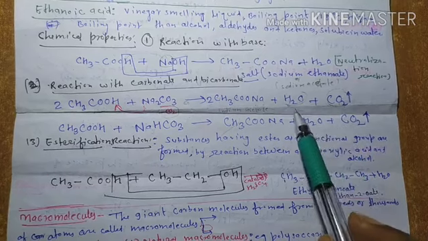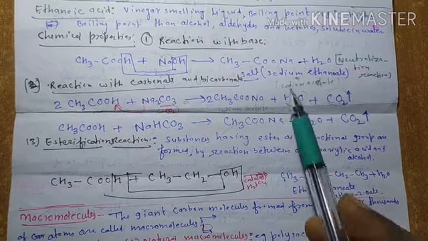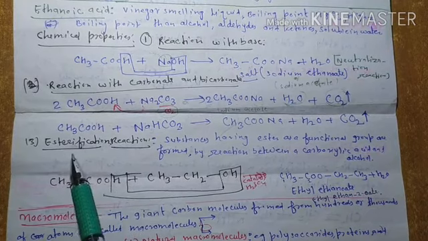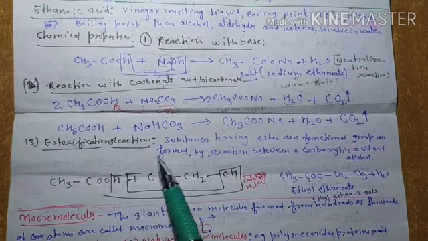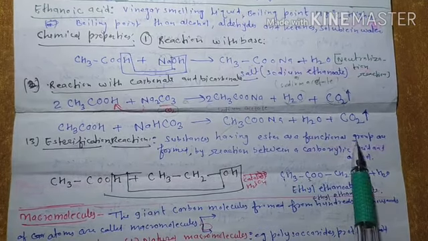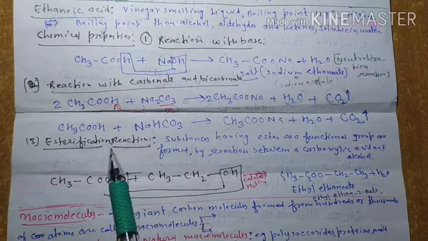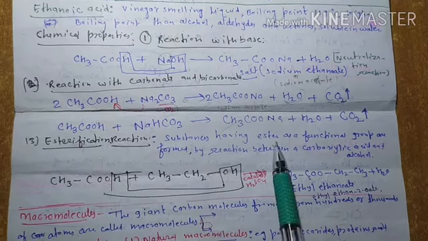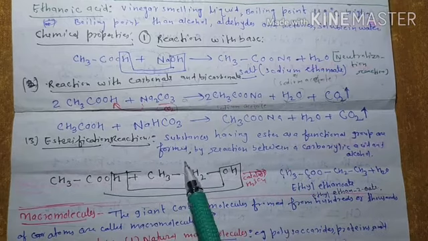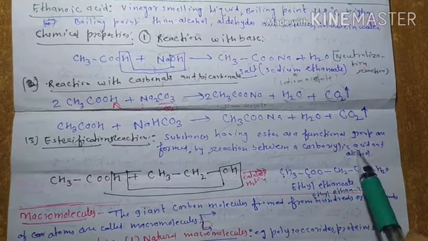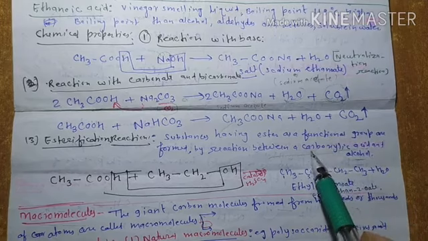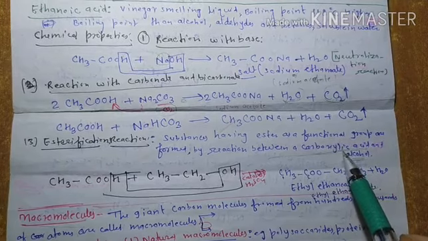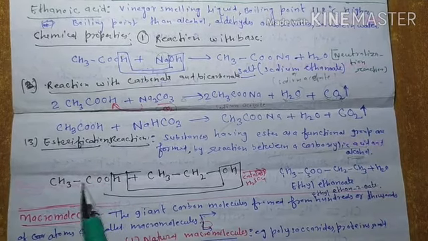There are 2 activities I am going to explain now on the basis of this concept. Third one is the esterification reaction. Substances having ester as the functional group are formed by reaction between carboxylic acid and alcohol. If carboxylic acid and alcohol react, ester will form. You can see this is acetic acid and this is the alcohol.